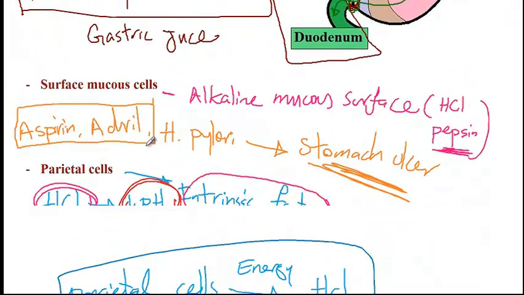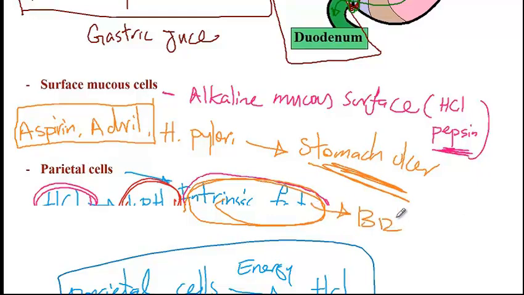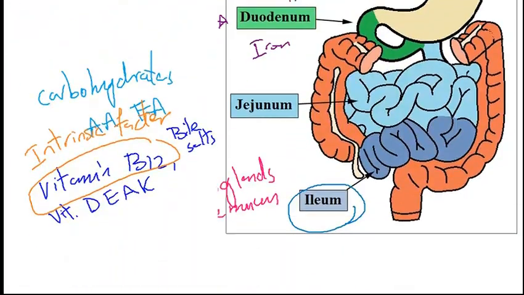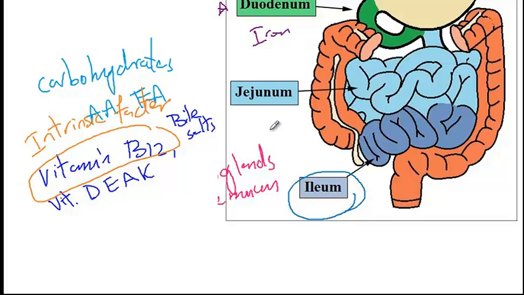Here we have parietal cells, and I'm sorry I erased it, but here we had the intrinsic factor that was produced by the parietal cells to help bind to vitamin B12 and help with the absorption in the ileum. All right, moving back to the small intestine. So that's it. The vitamin B12 is being absorbed with the intrinsic factor.